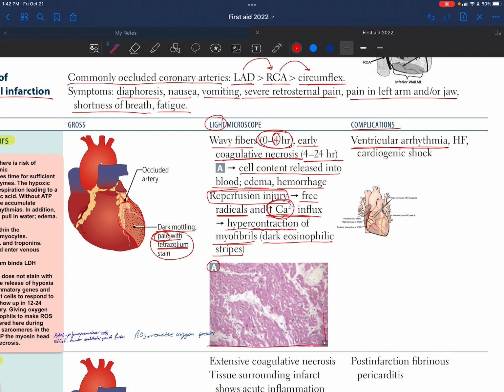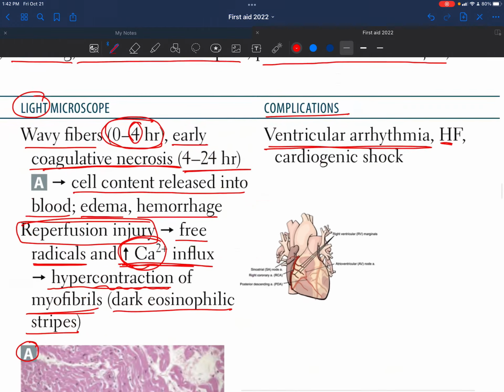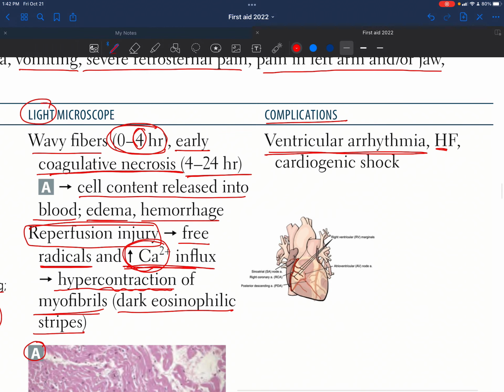For the complications, we could have ventricular arrhythmia, or heart failure. What we said is that the most common cause of sudden cardiac death after someone has a myocardial infarction could be ventricular arrhythmia. So if someone died after an MI at home, then the most common cause could be ventricular arrhythmia.